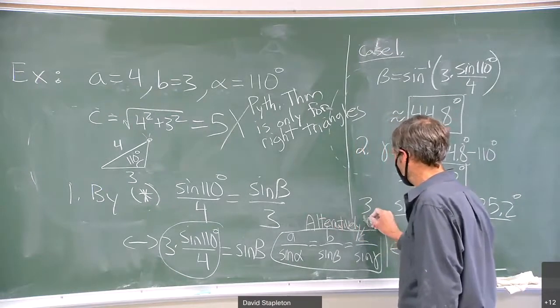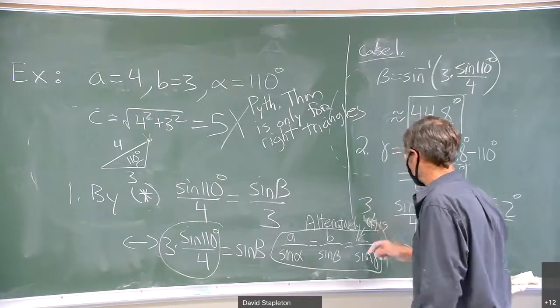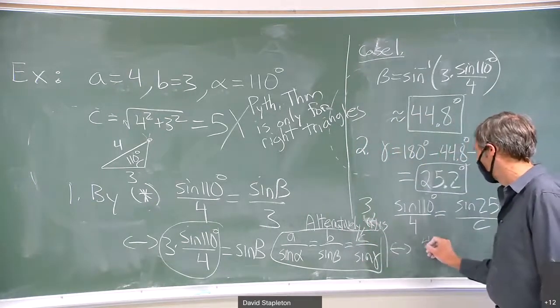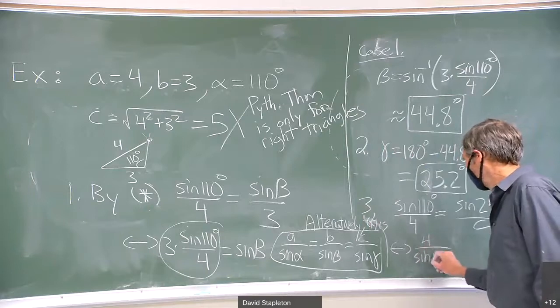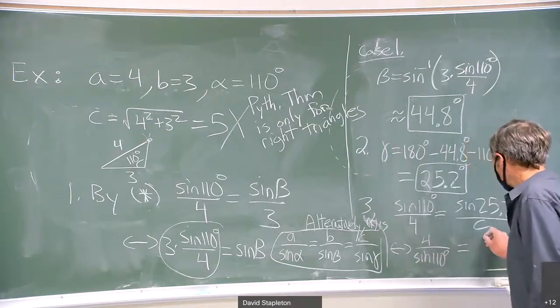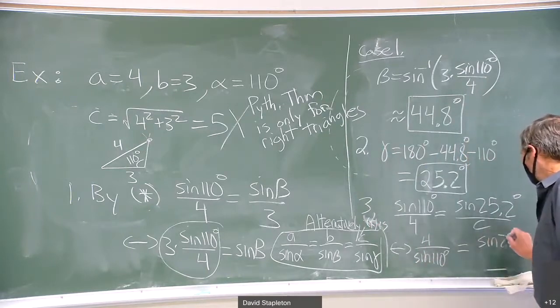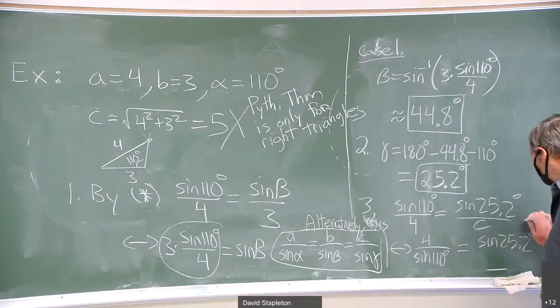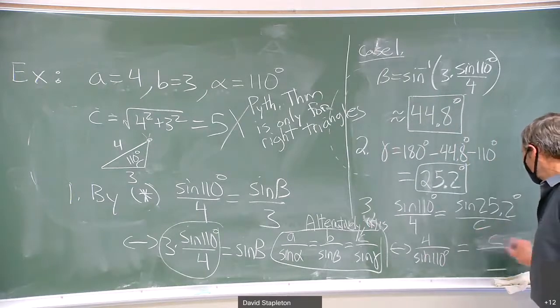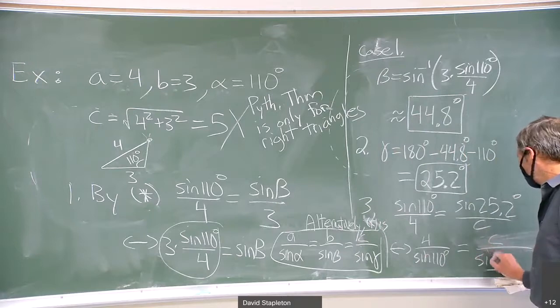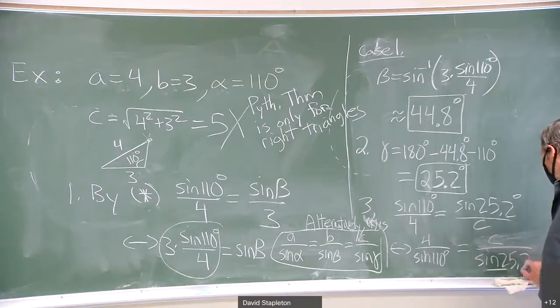Alternatively, star is this. I could have started at this step and just written 4 over sine 110 equals C over sine 25.2 degrees. And I could have saved this step if I would have written the law of sines this way. So you can do that whenever you want.